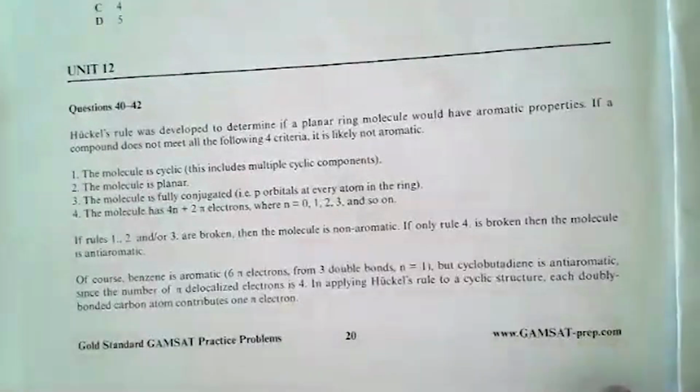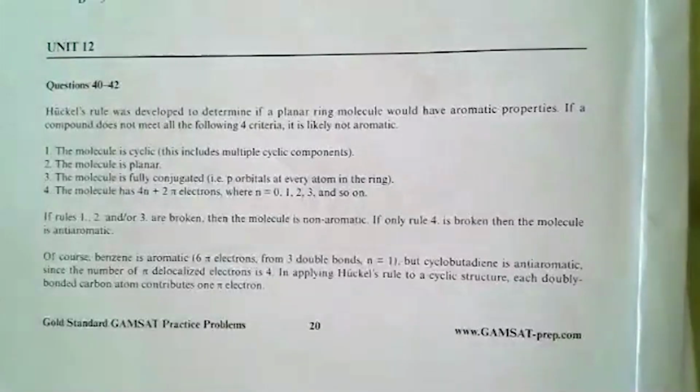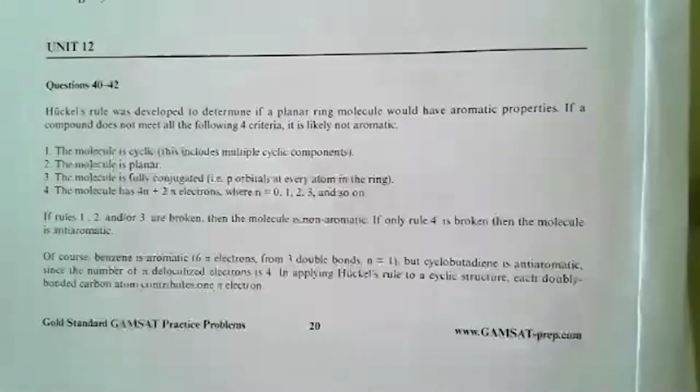Okay, so Huckel's rule. You'll also find this has recurred over the last 20 years. It's another classic ACER GAMSAT conceptualization, and that is that they want you to be given some rules and then see something unusual and see if you can apply the rules on the fly.